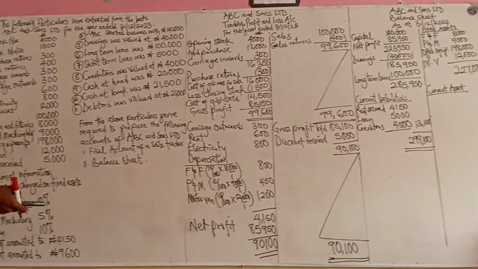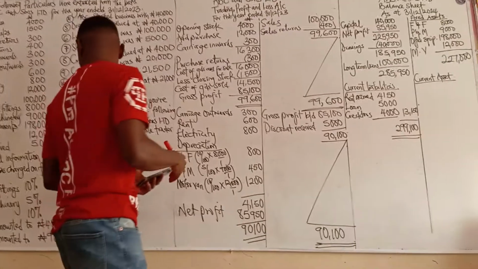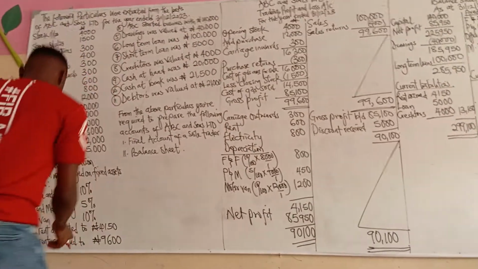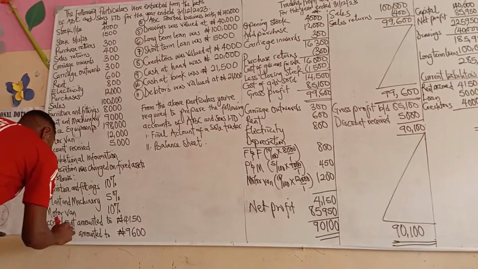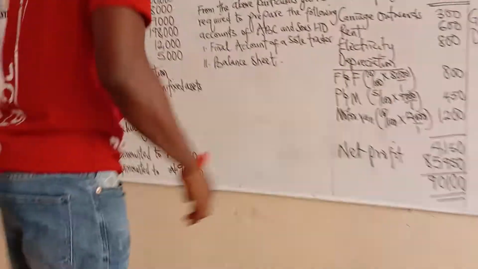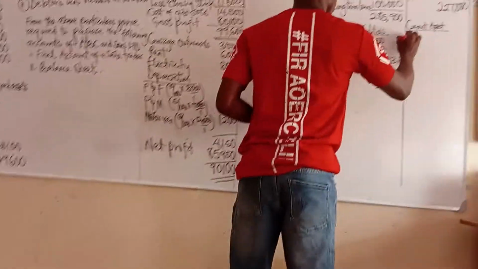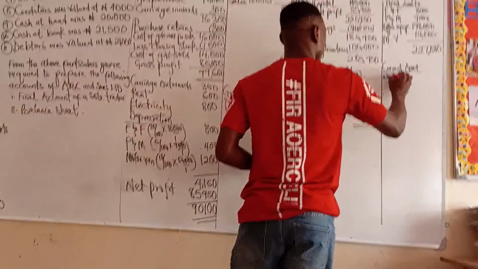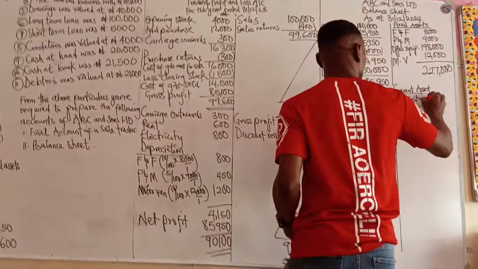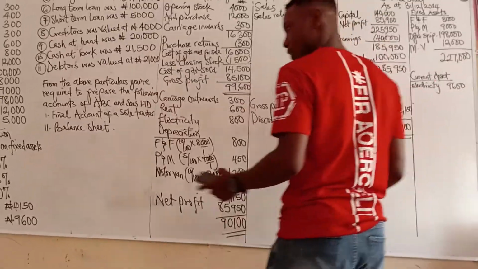Under my current assets, I have prepaid. That is any amount of money that you pay ahead of time. Now I have prepaid electricity. Prepaid is 9,600.